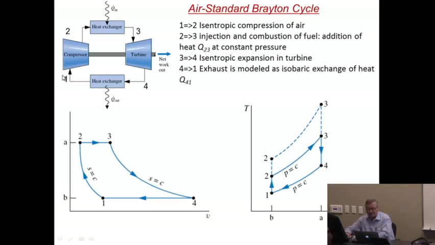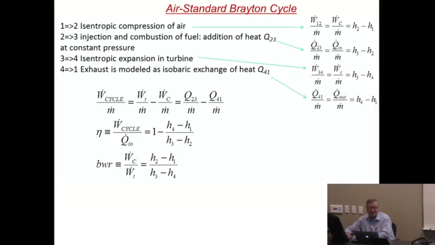All right, so now let's analyze this a little bit further. Isentropic compression of air, so that means that the work between 1 and 2, the work rate per mass of air, the compressor work rate per mass flow of air, is the enthalpy difference. A turbine or a compressor is an open system, so you work exclusively with enthalpies.